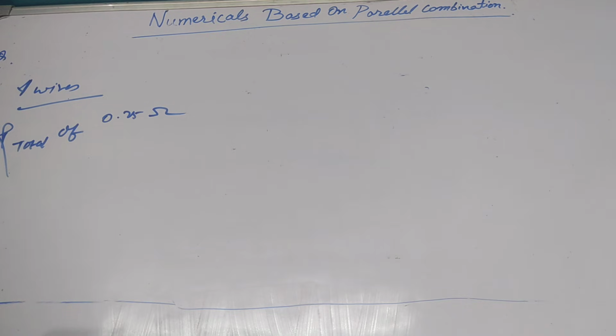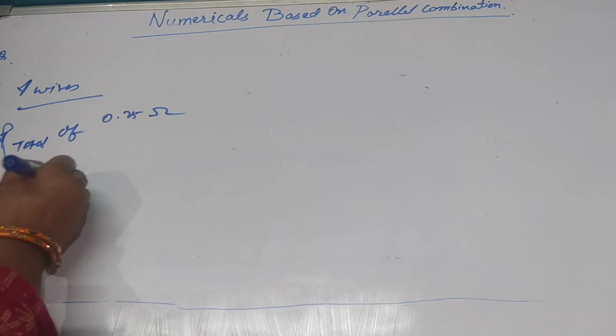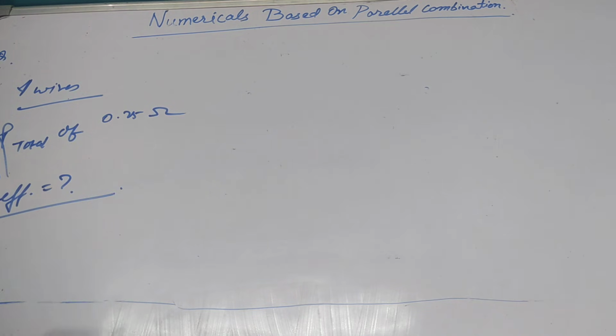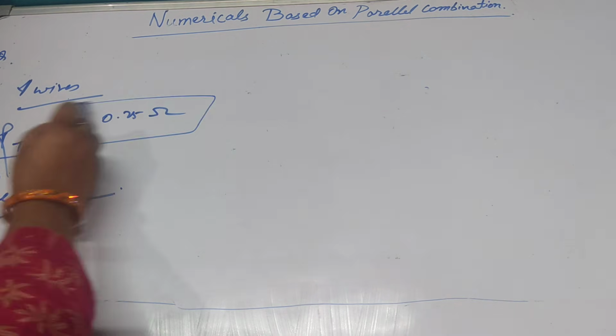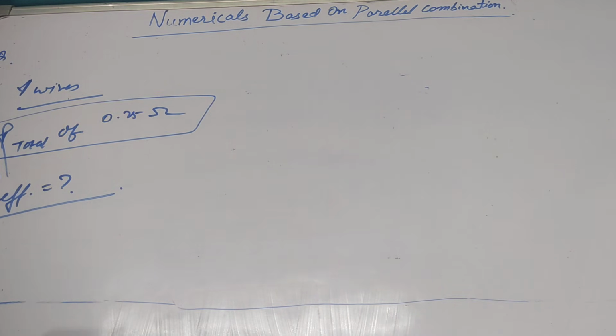If the same four wires are connected in series, what will be the effective resistance? Okay, we have to find this. All these are joined in parallel, so we got our total of 0.25 ohm.